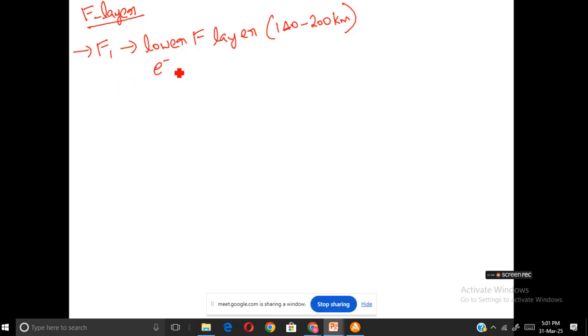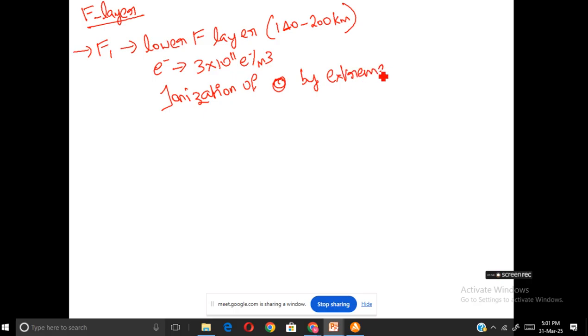Electron density is around 3 into 10 raised to 11 electrons per meter cube. It is mostly formed by the ionization of oxygen atoms by extreme UV radiation.